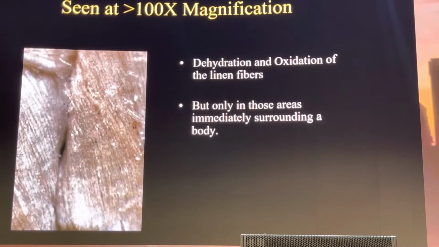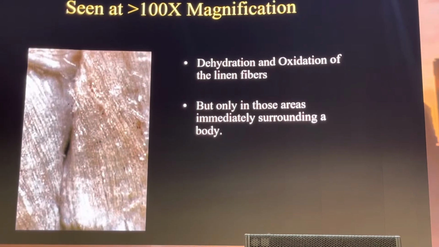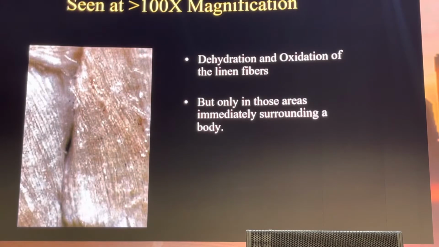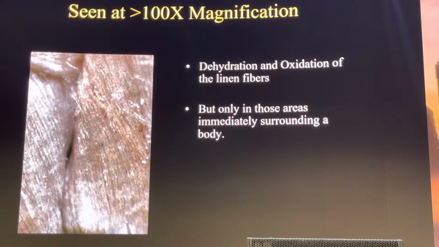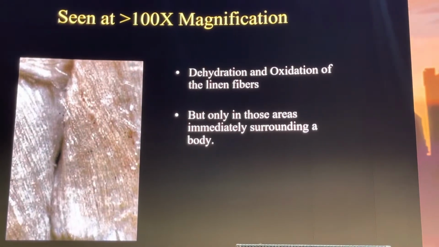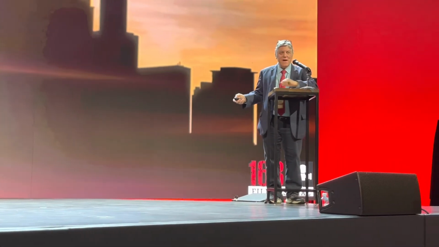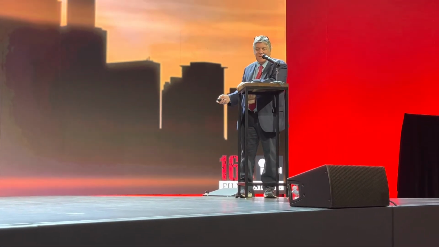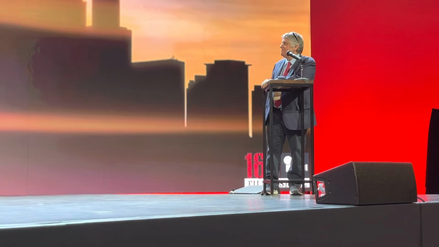So in other words, the image appears as a discoloration of the cloth with something having interacted with the cellulose of the flax to bring about this accelerated dehydration and oxidation. Now, what caused that? That's a matter of speculation. We don't know it. That's part of the mystery.